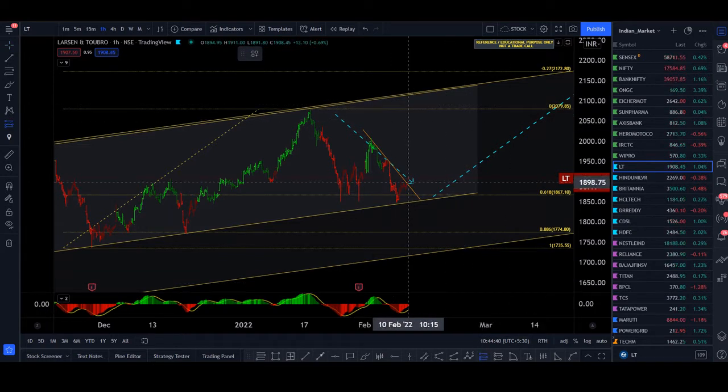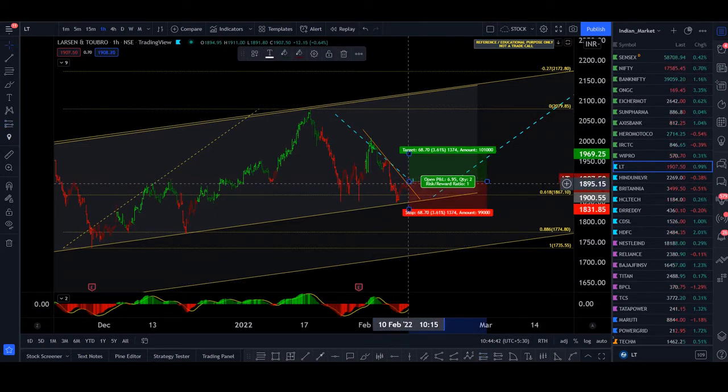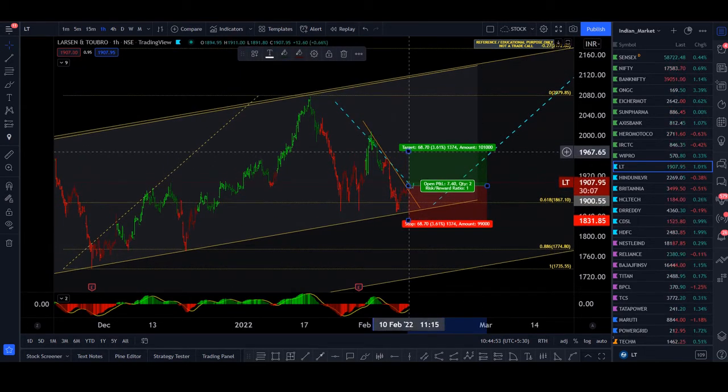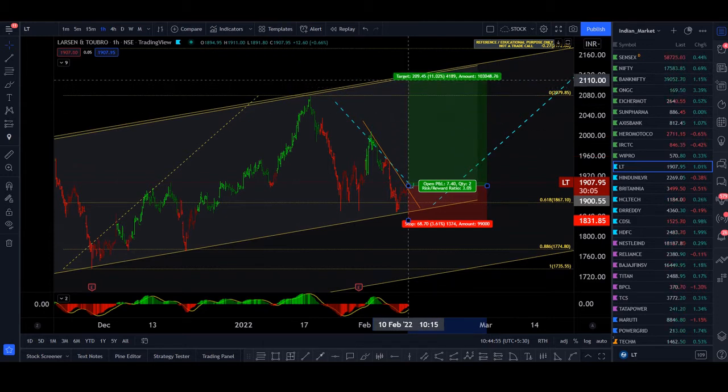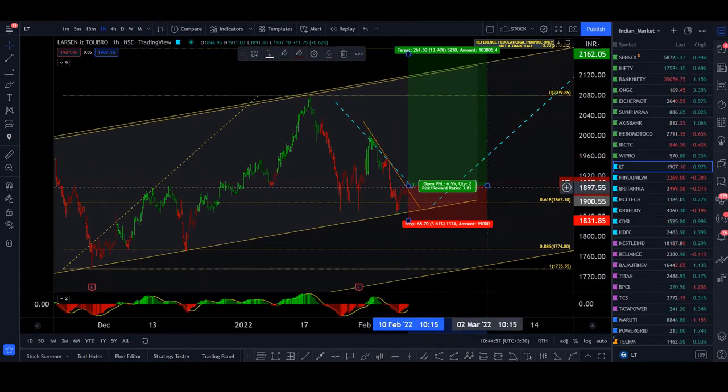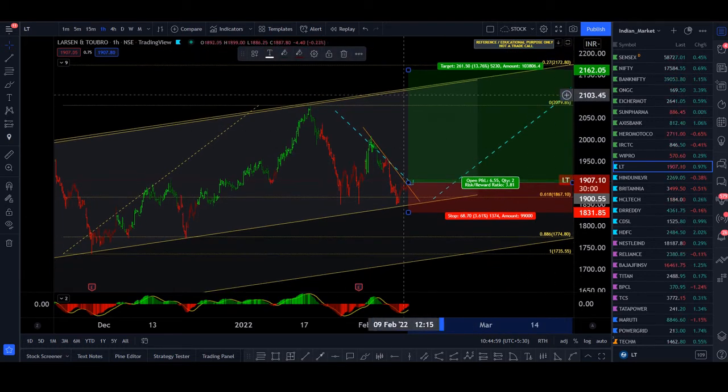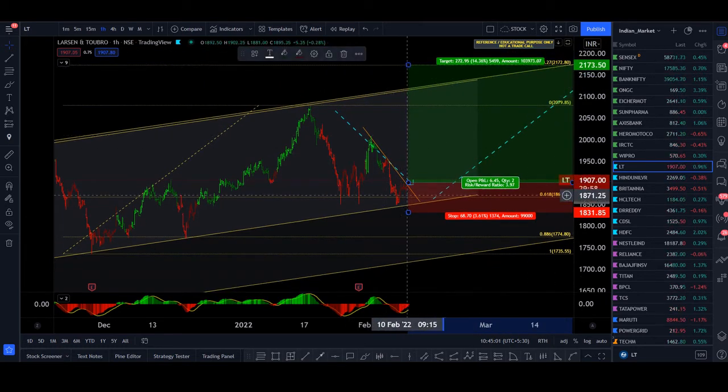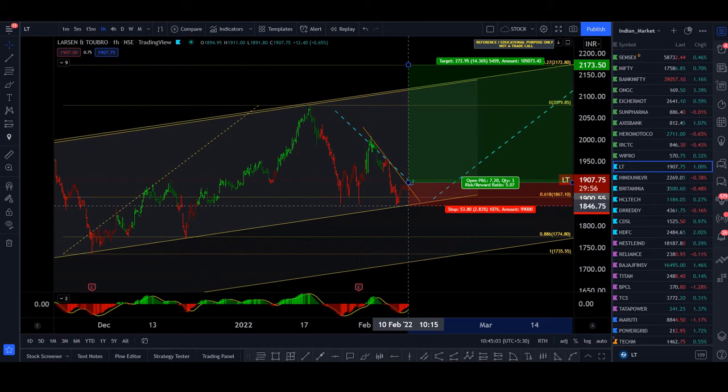So this is the place we have entered where the breakout was, which is around 1900 rupees, and the target is around 2200 rupees, and the stop loss is like 50 rupees basically, which is a pretty close stop loss.